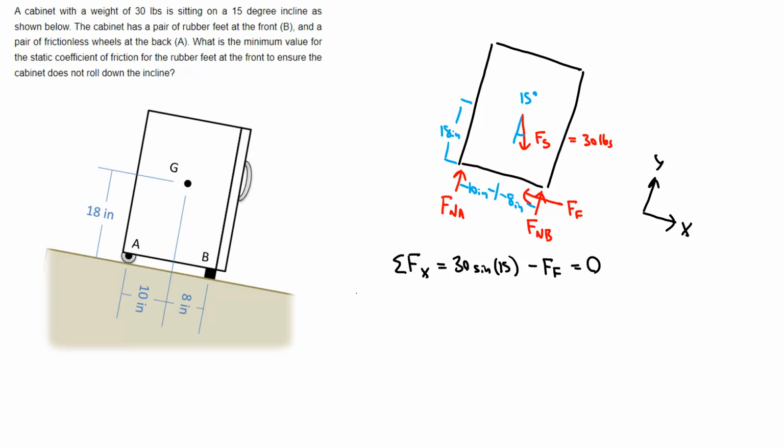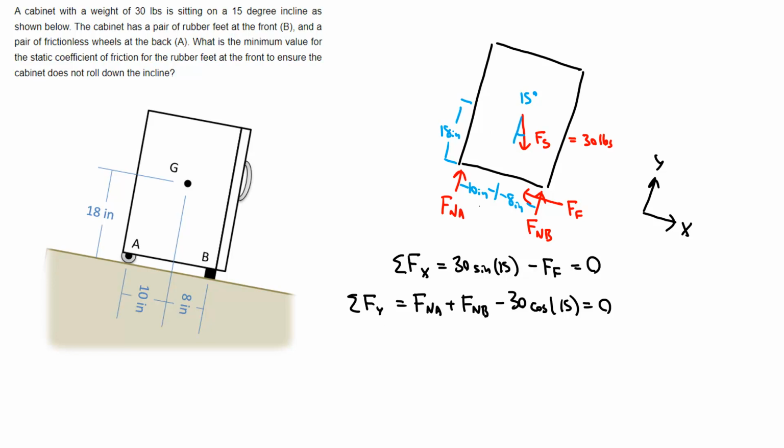For the sum of forces in the y, I'm going to have FNA, FNB, and the y component of gravity, 30 cosine 15.